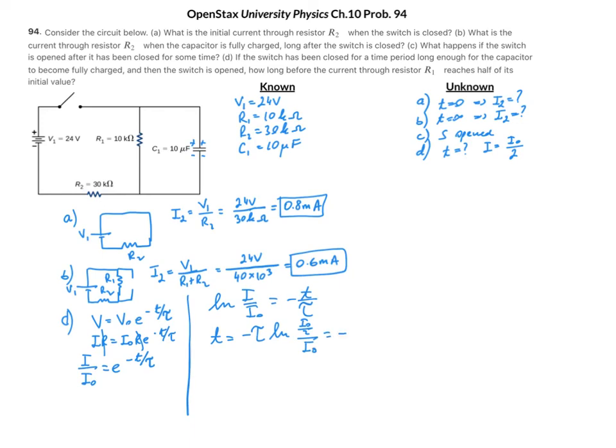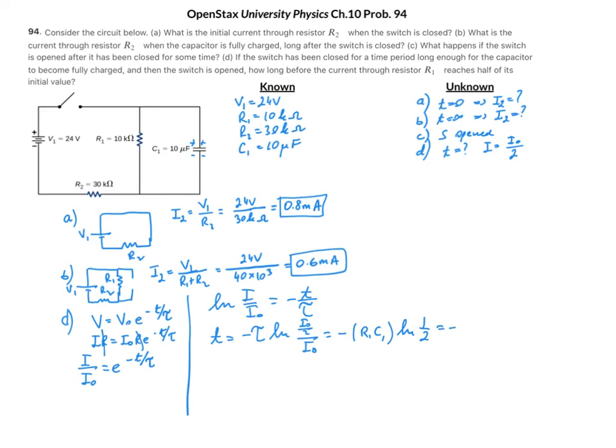So the time constant is the capacitance times the resistance that the capacitor discharges through, and that's just R1. So that's negative R1 times C1, natural log of 1/2.